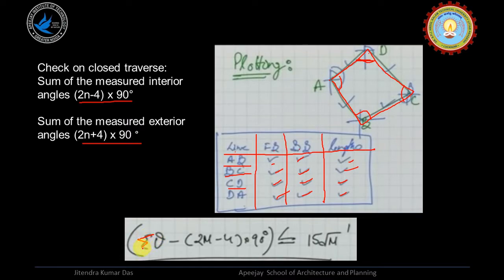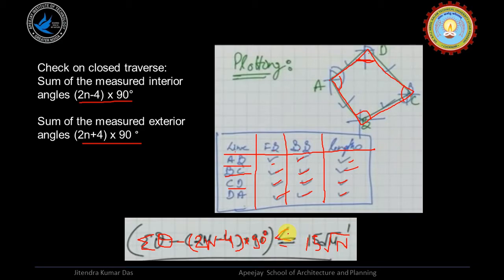Suppose the sum of all interior angles, theta minus (2n minus 4) into 90 degrees. We find this value, and this value should be less than or equal to 15 root n, where n is the number of sides.